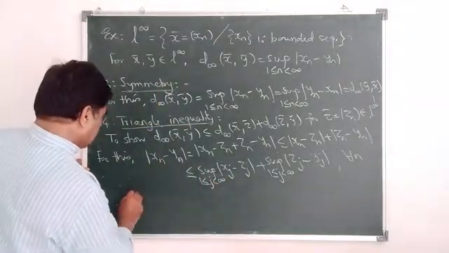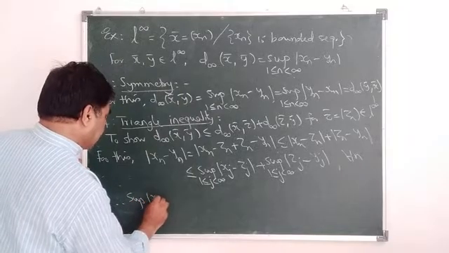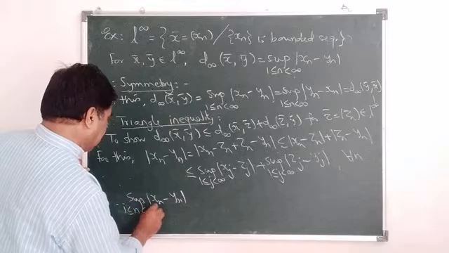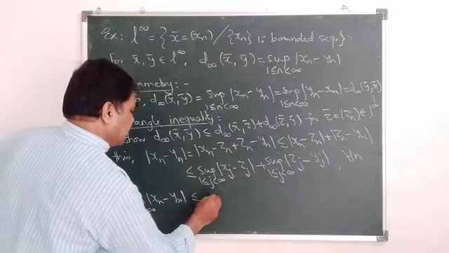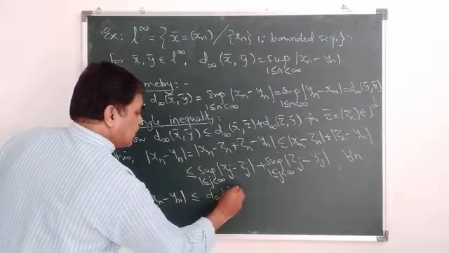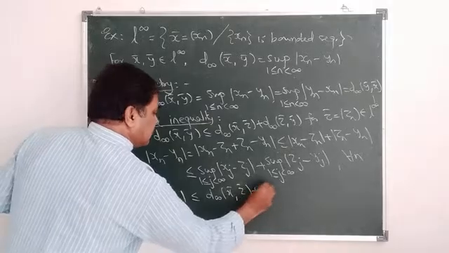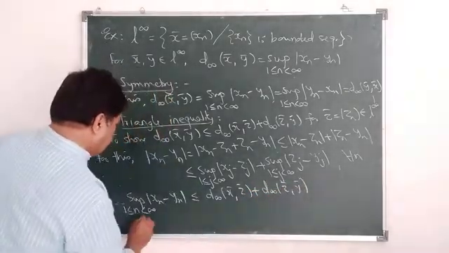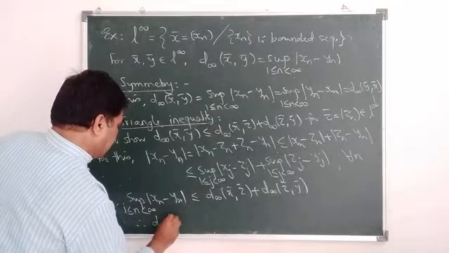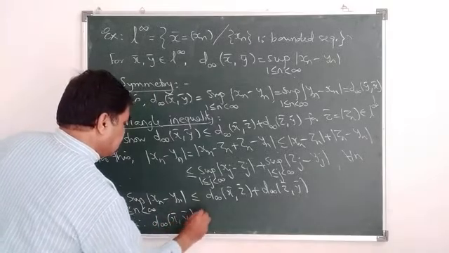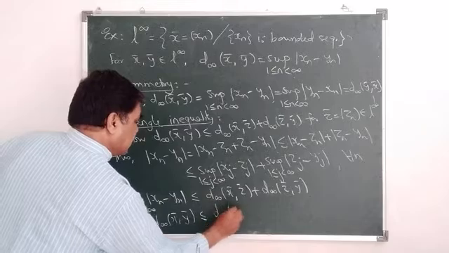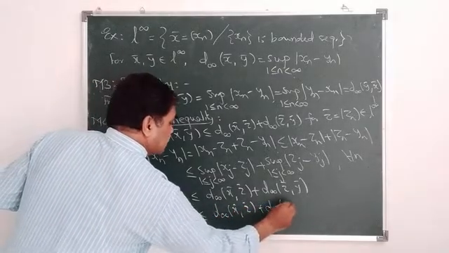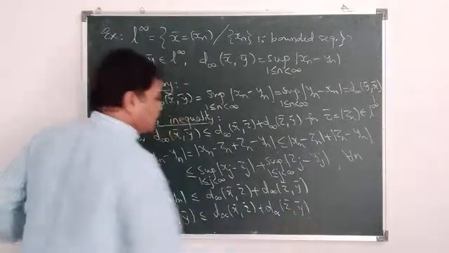Therefore, supremum of mod xn minus yn, 1 less equal n less than infinity, is less equal D infinity of x bar z bar plus D infinity of z bar y bar, and therefore D infinity of x bar y bar is less equal D infinity of x bar z bar plus D infinity of z bar y bar.